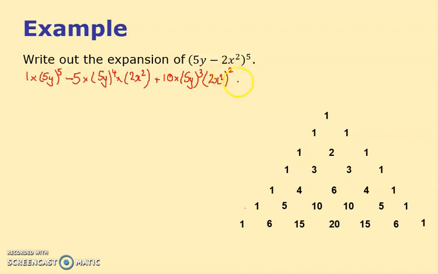Oh, that's going to potentially cause us, it's not hard, but just be careful. 10 lots of 5y squared, 2x squared cubed, plus 5 lots of 5y, now to the 1, 2x squared to the 4, plus 1 lot of 5y to the 0, I'm not going to bother with, 2x squared to the 5.